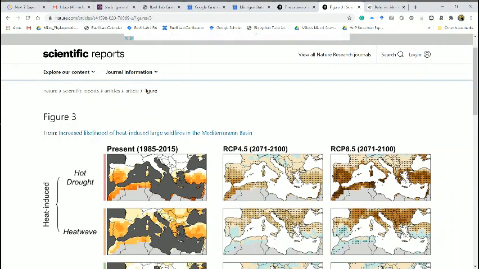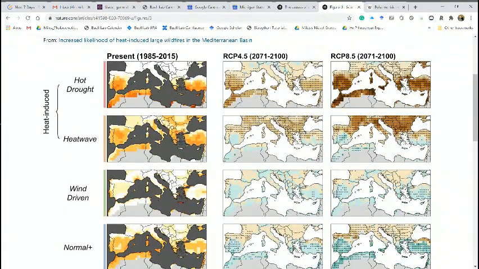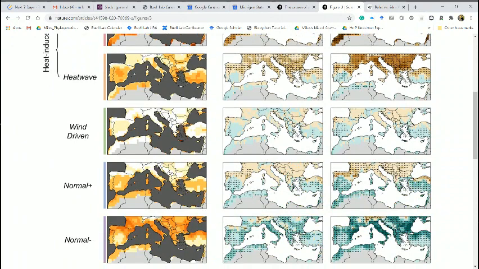Are they moving northward? Oh, no. So yeah, heat-induced wildfires are going to become more common in the Mediterranean Basin over time, especially towards the end of the century. I mean, if we make it that long anyway. I think humanity only has like 10 years to get their act together before we all die from climate change.